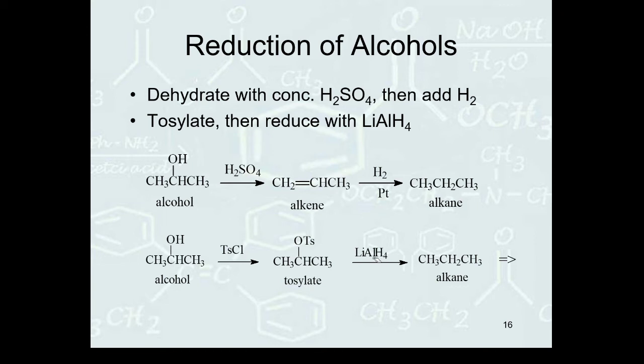So if you see tosylate and lithium aluminum hydride, know that you're going to reduce it back to an alkane. Alcohol plus tosylate: all you have to do is change the H in an alcohol in the presence of tosylate and make it OTs. So replace the H with Ts. And then add lithium aluminum hydride to get you to an alkane.